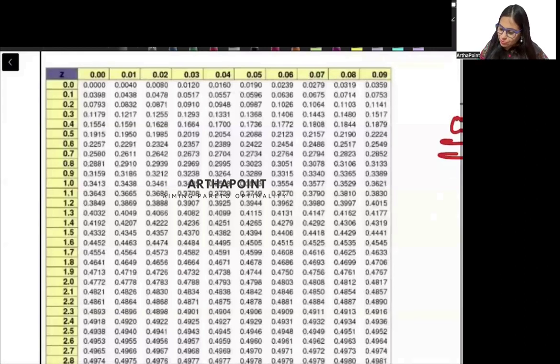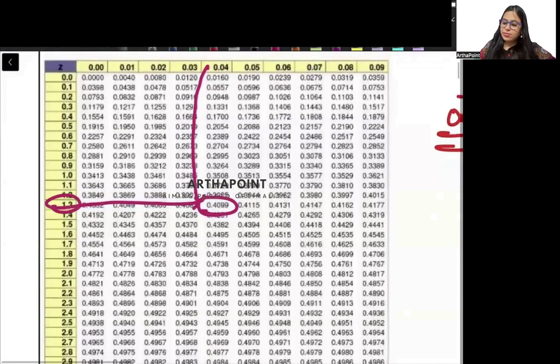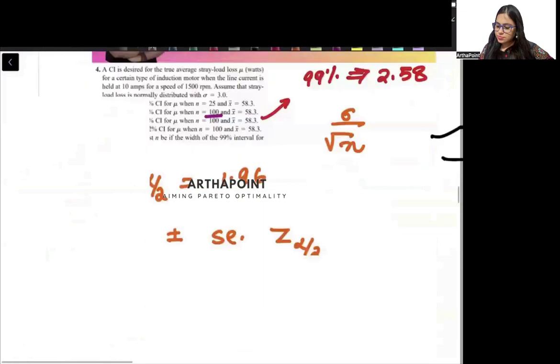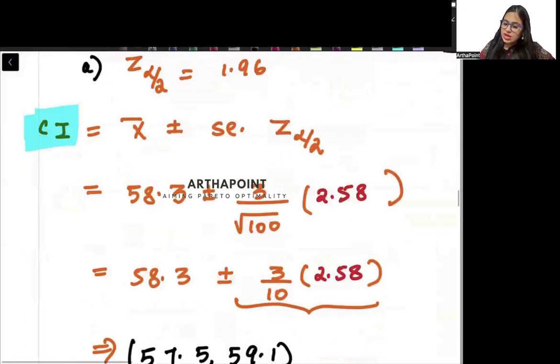I think it is approximately this. 1.34 looks like a good option, 0.4099, so closest to 0.41. So I will use the value 1.34 and replace my Z with 1.34.